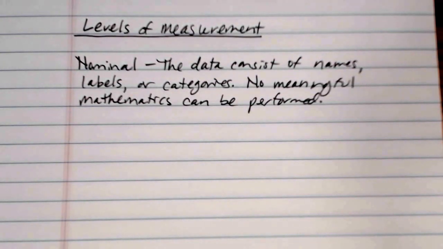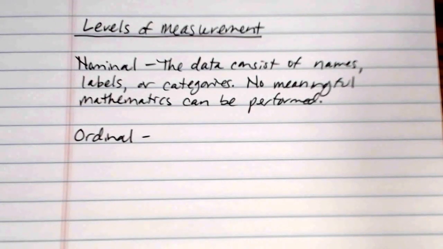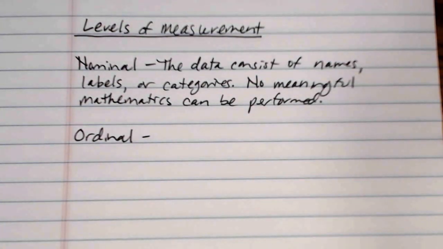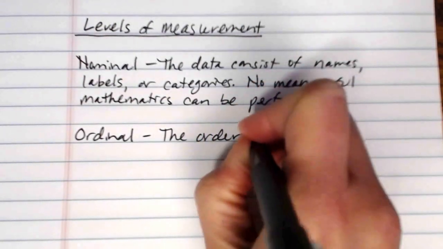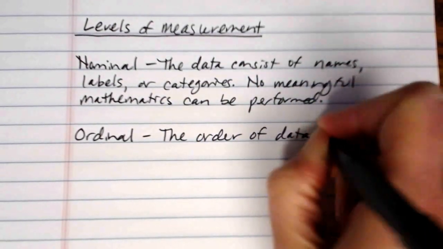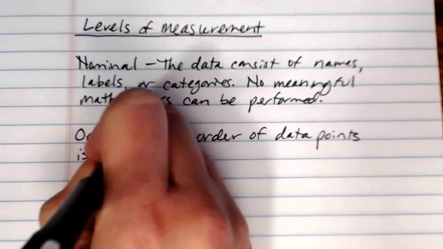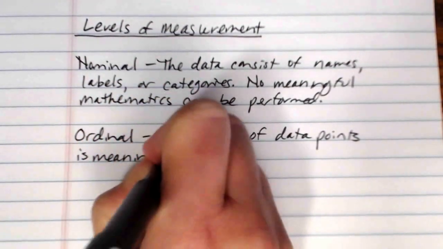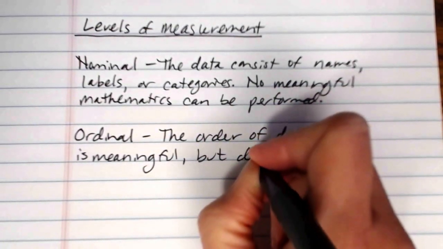The next level up from there is the ordinal level of measurement. And at the ordinal level, the order of data points is meaningful. But differences between data values are meaningless.